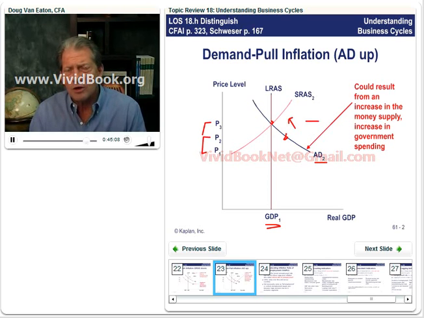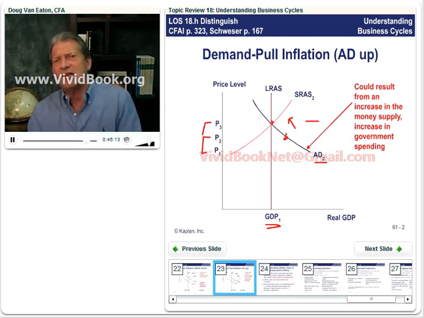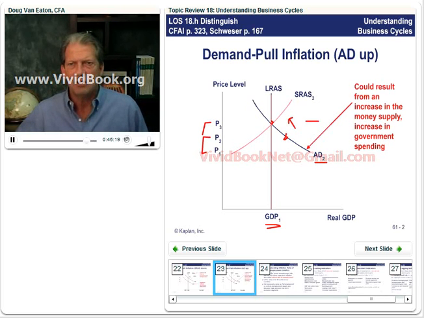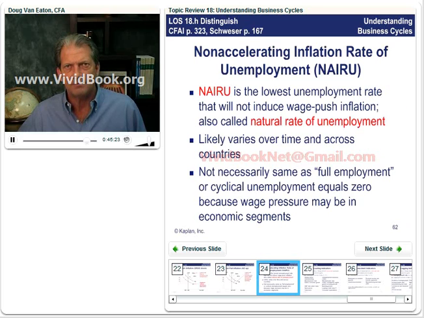So in the long run here, there isn't anything real that's changed. The only thing that's changed in our long run here is the price level. And we've managed to get back to long-run aggregate supply, back to full employment equilibrium.